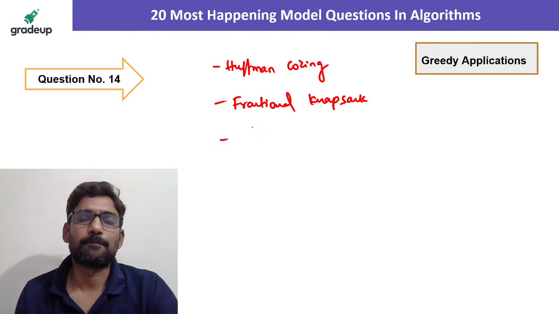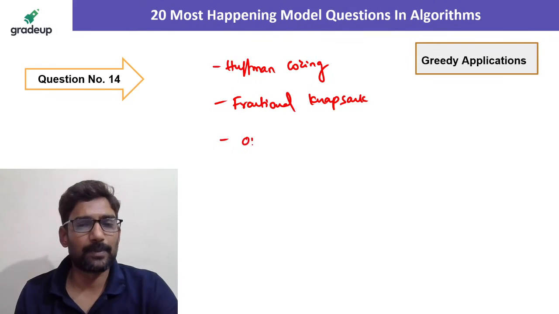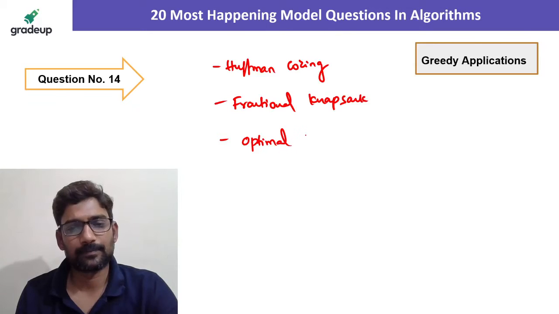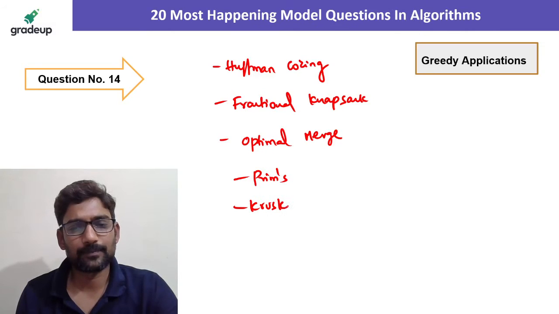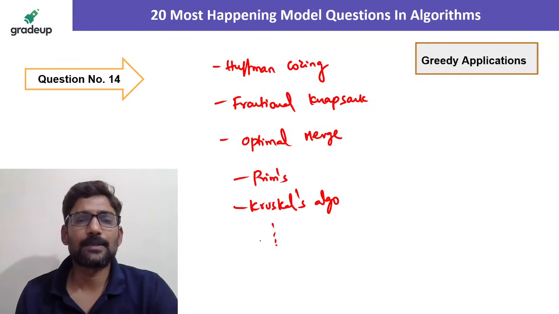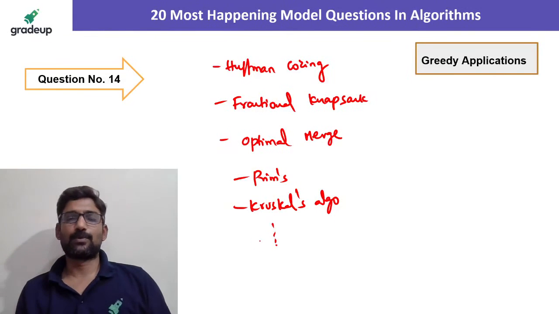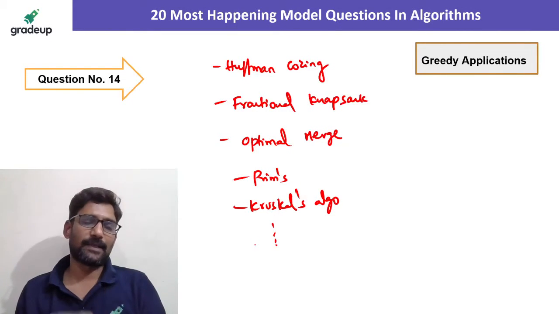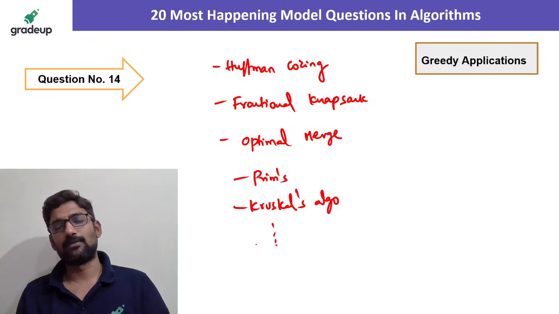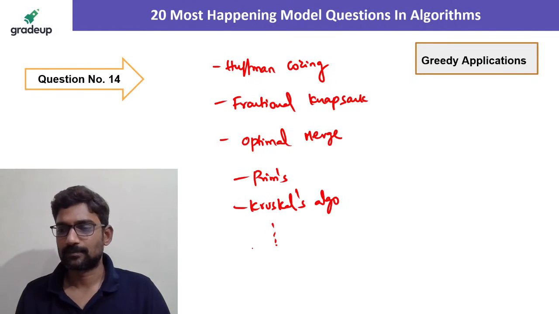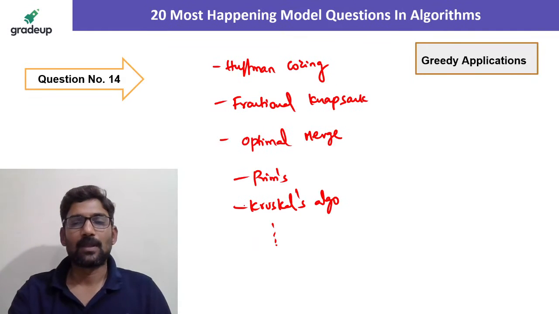Then you can say optimal merge sequence, Prim's algorithm, Kruskal's algorithm. Like this, there may be n applications. So, as I said in the match the following, you are supposed to remember what the greedy applications are also, from which you may get a question.